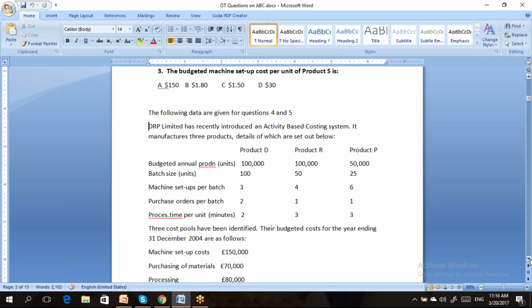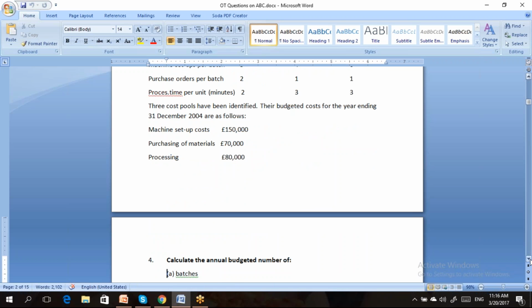So now we know that one. I'm looking at questions number 4 and 5, DRP. There, the first part has come up well. Machine setup cost: calculate the annual budget number of batches.